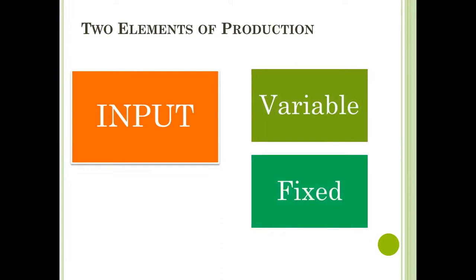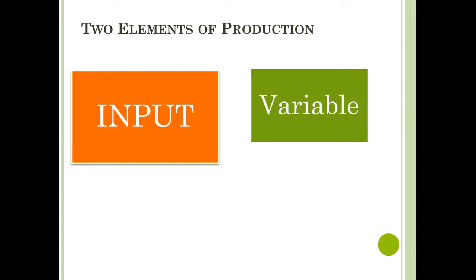So let's first discuss variable input. Variable inputs are inputs that can be changed as you produce something over a period of time. In the business transaction, the variable inputs are the only inputs that you could adjust over short run business activities.